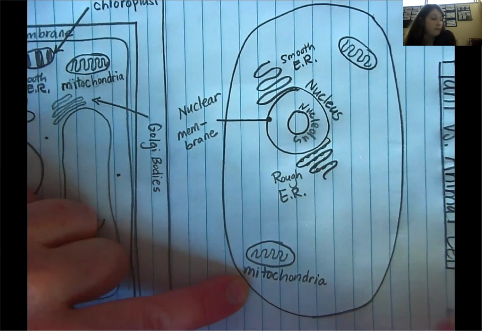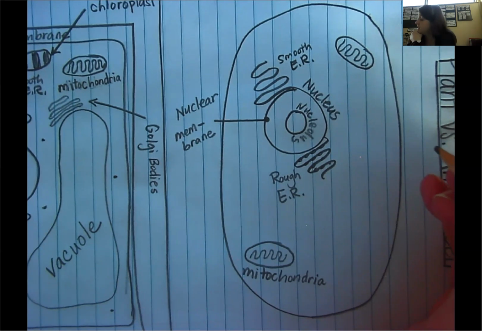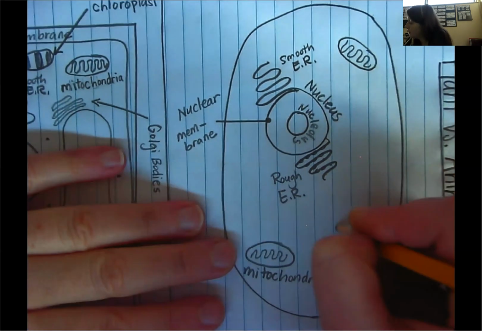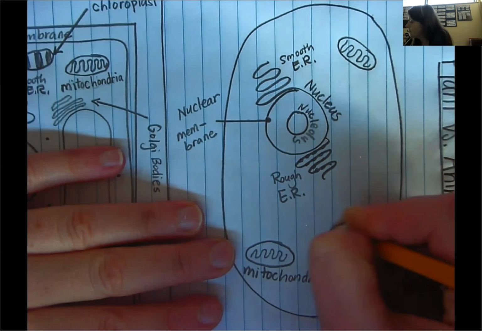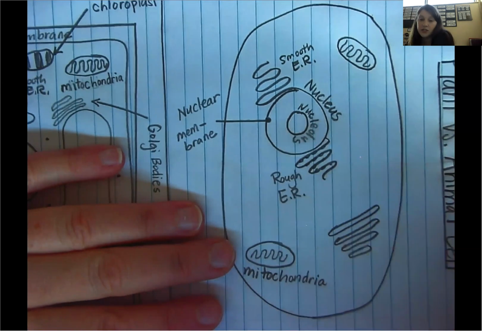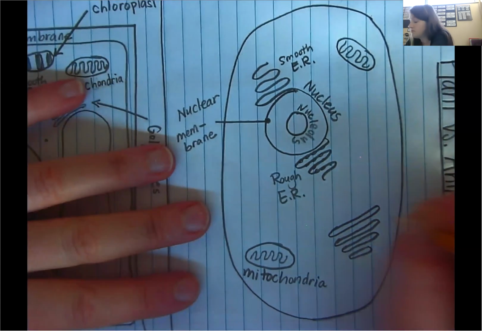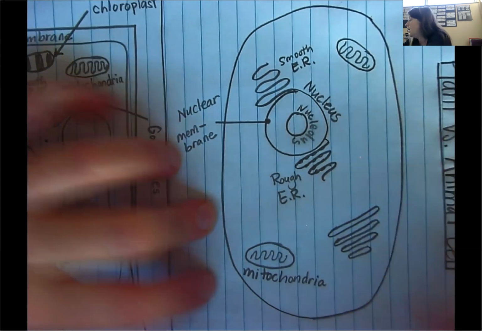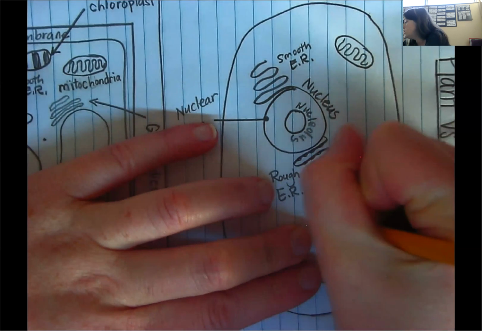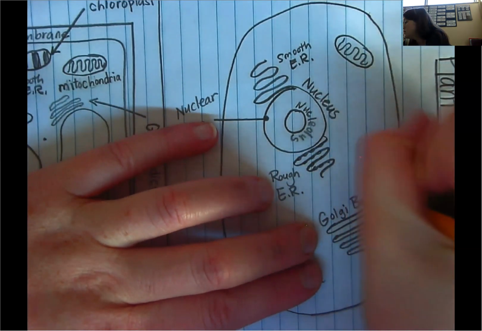Then Golgi bodies. Doesn't have to be 3, it can be more. I'll just draw them. They're usually clustered together, and for some reason their size varies, usually largest to smallest. So these are the Golgi apparatus or Golgi bodies. Same thing.